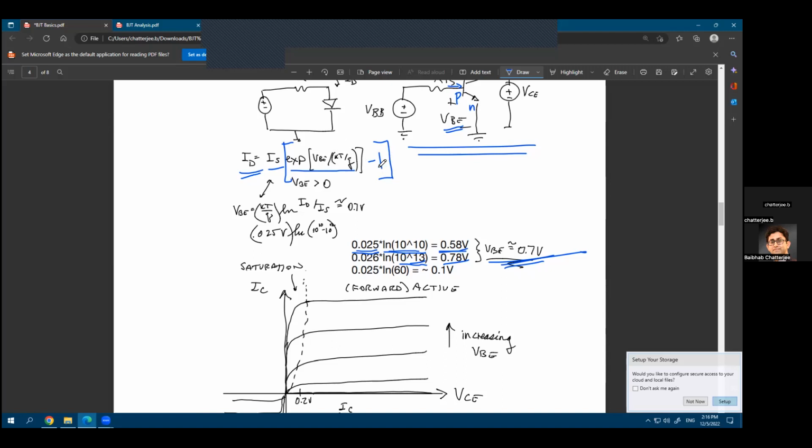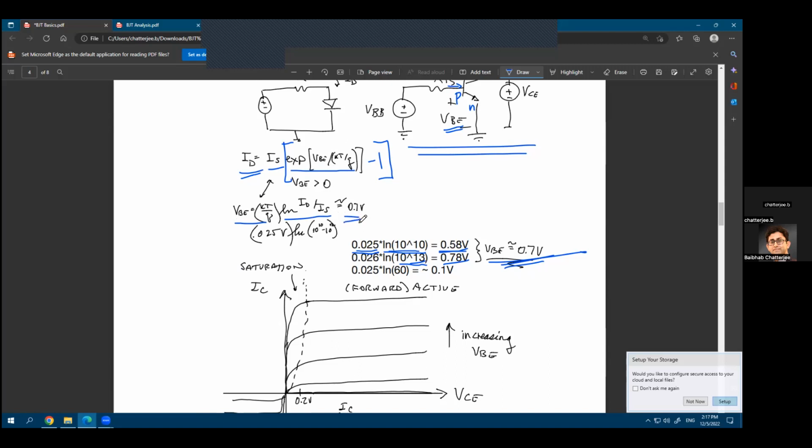But keep in mind that in this case, we are just ignoring it because it doesn't make much of a difference. If you think about the VD, it's just a 25 millivolt difference.